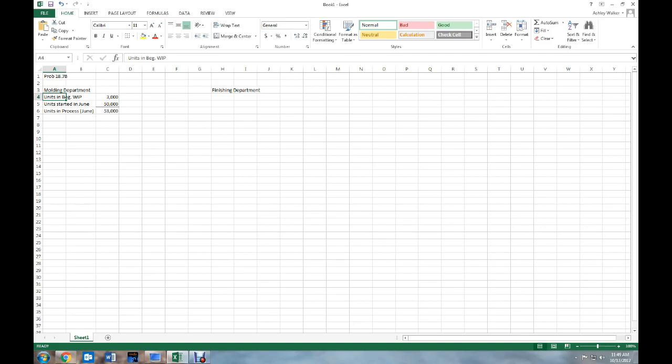That has to be our units in beginning work in process, that 3,000, because if they were carried forward from May 31st, they were still being worked on. So they are sitting there in beginning inventory waiting to be completed during June. So that's our beginning work in process.